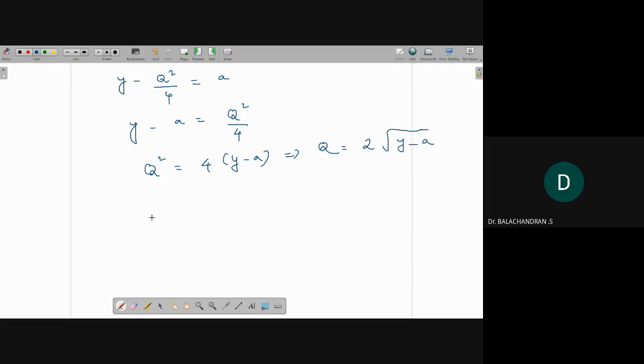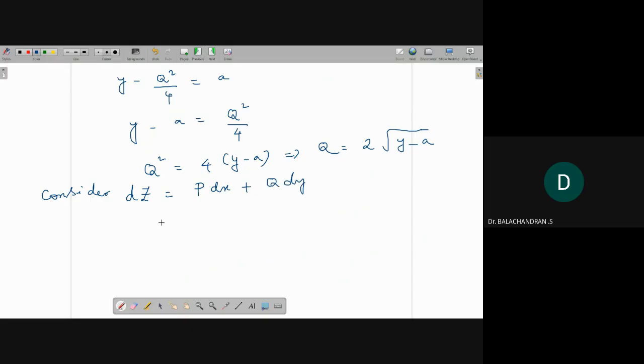So now, after this, what we need to consider? We need to consider type number 4. dz is equal to p dx plus q dy. Capital Z, okay, dZ is equal to capital P into dx plus capital Q into dy.